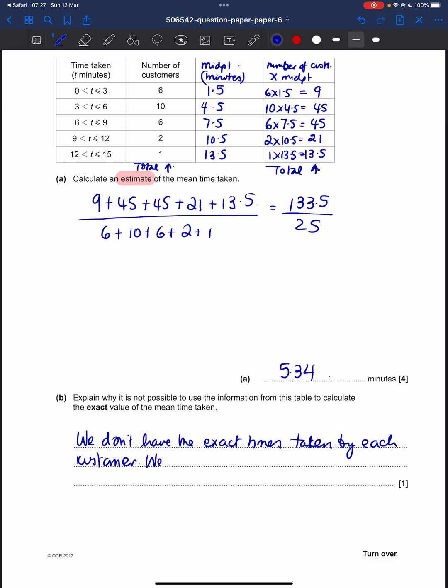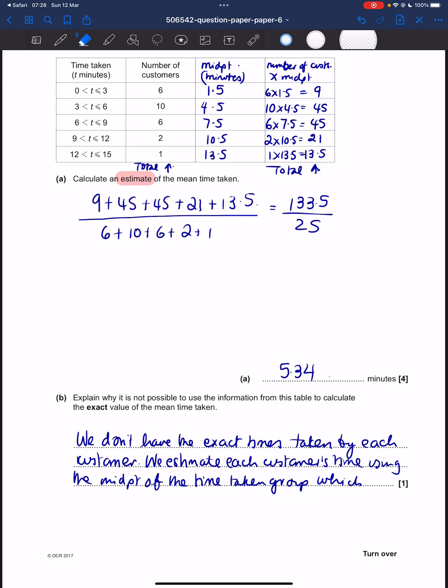We estimate each customer's time using the midpoint of the time taken group. It's only one mark. We don't know the exact times. We'll estimate them instead.